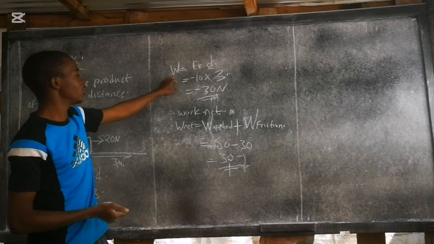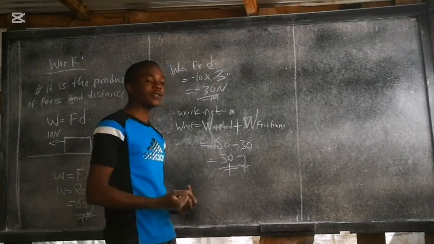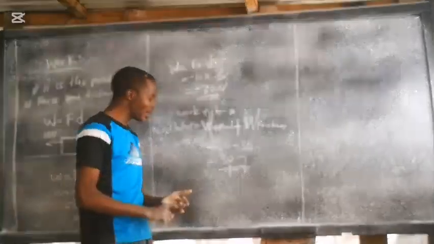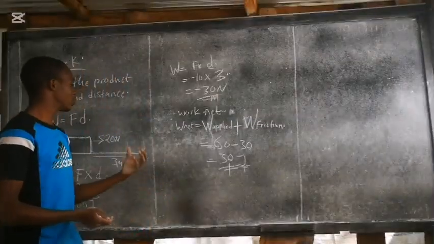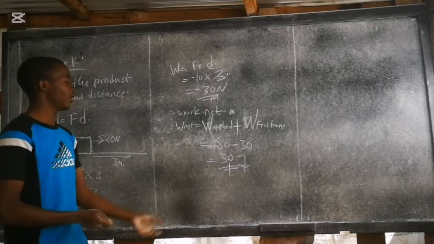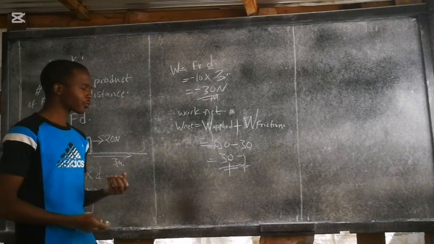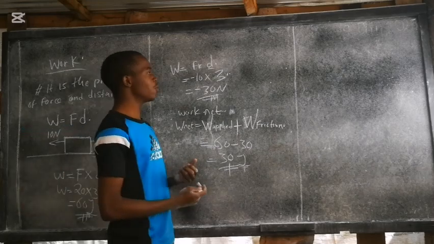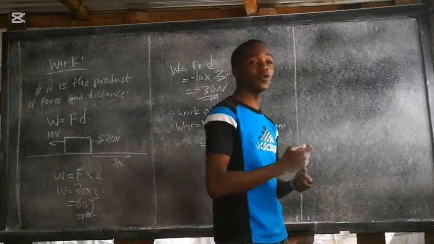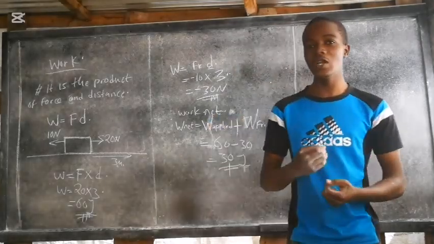Work is equal to force times distance. According to grade 9, 10, 11, 12, you are learning about work. Now, you find in the book the general formula for work. What is the general formula for work?